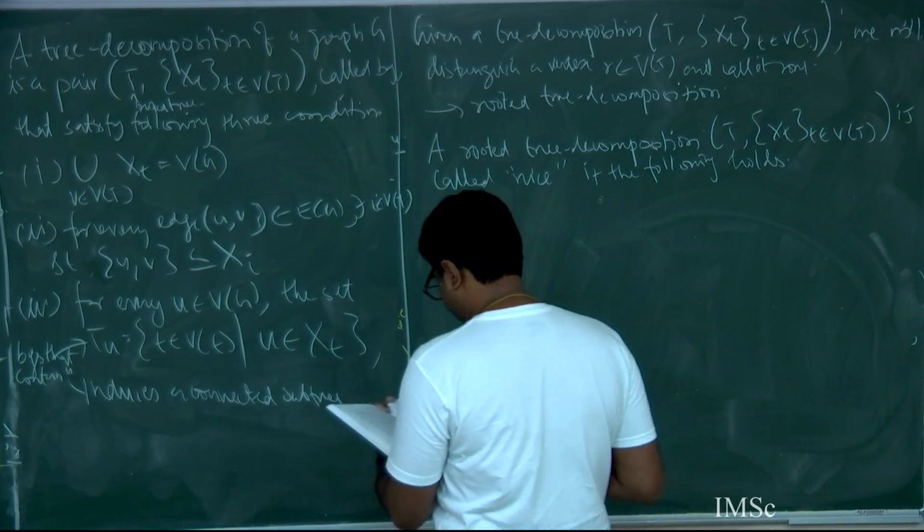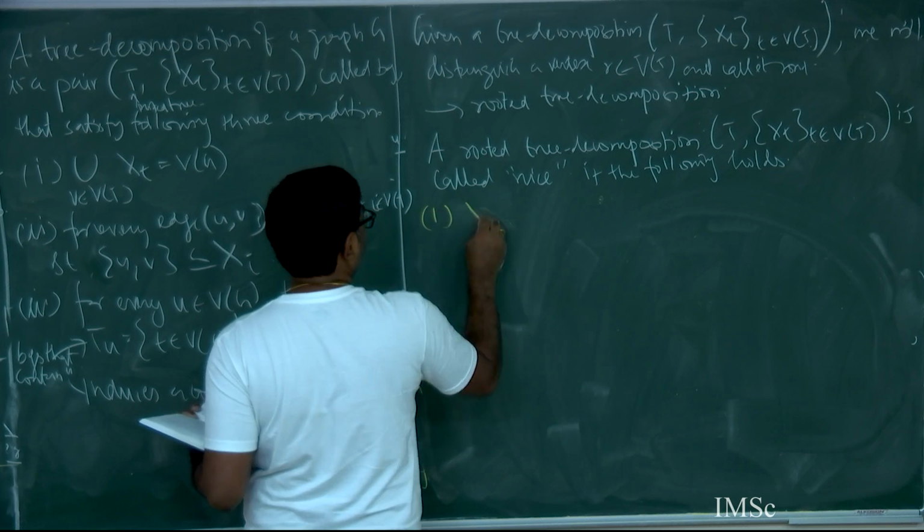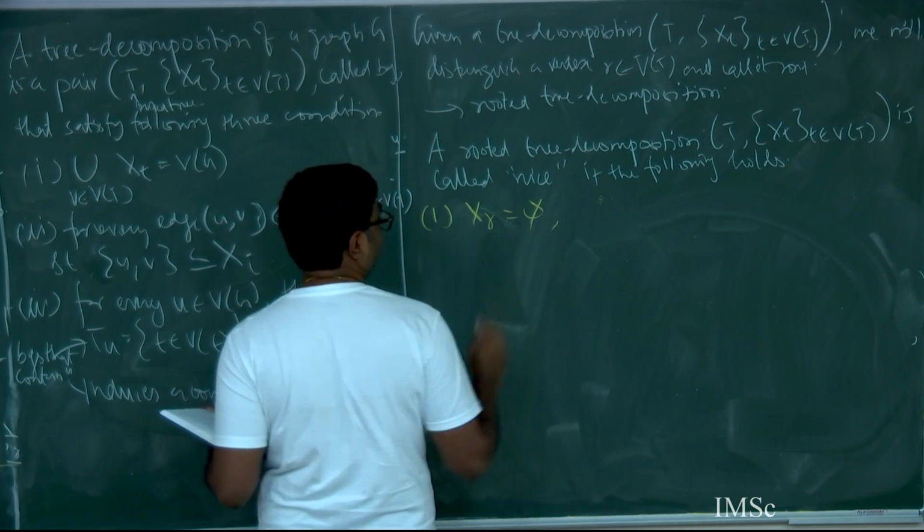What is the first property? X_R is equal to the empty set.